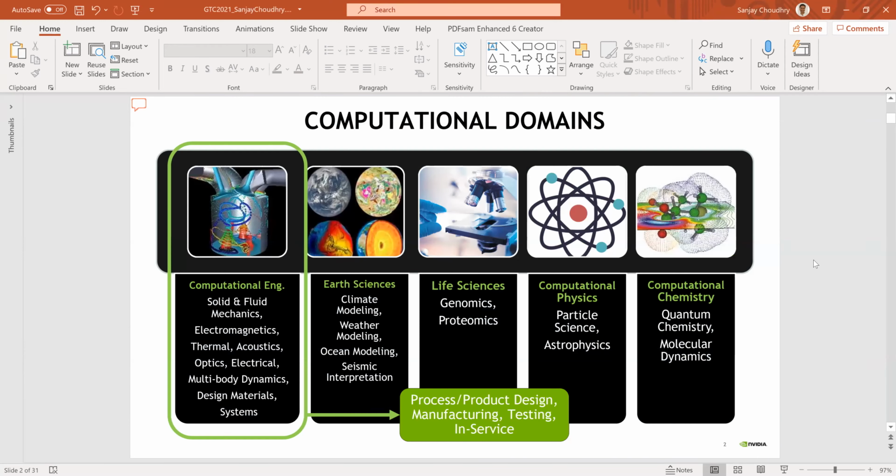There are different domains of scientific computing and simulations that exist today, and NVIDIA is in each one of them, because as you know, NVIDIA has evolved from a graphics company to a supercomputing company to an AI company to now a compute platform, with a full stack from hardware to applications.